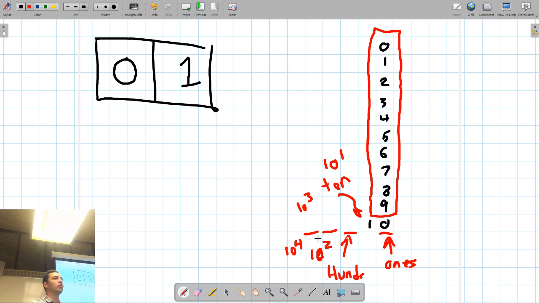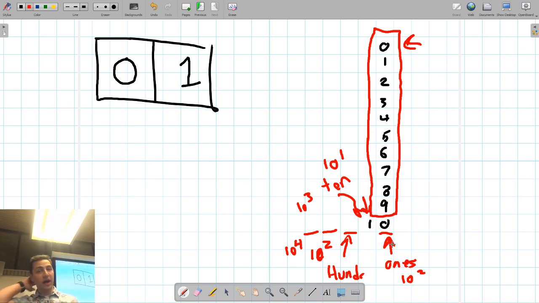What we're seeing is an increasing power of 10. What about the ones place? What's that? 10 to the what? 10 to the 0. So in the decimal system, every place is a power of 10. And to count in decimal, we use all of the digits that we possess until we run out of them. Then we restart back at 0 and increment the next highest place.